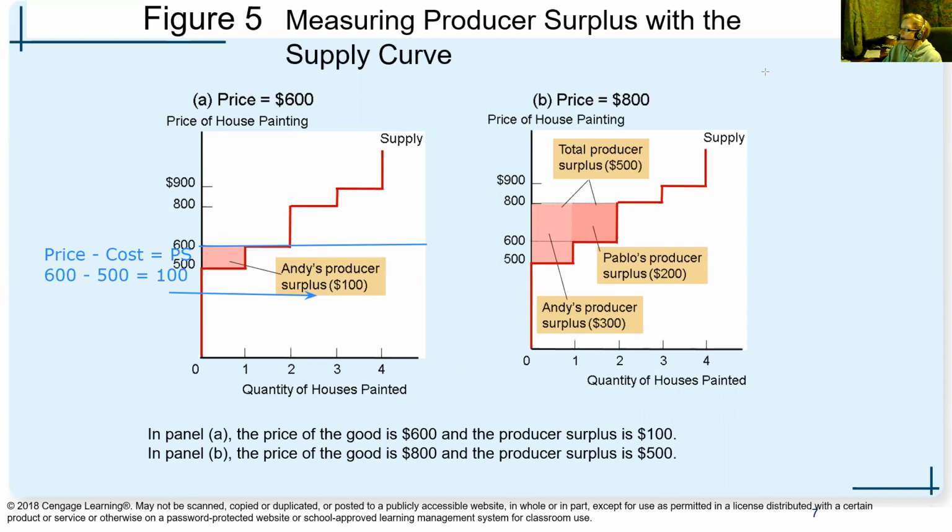Okay, so what happens is when the price goes down, then producers will leave the market. When the price goes up, we're going to have additional suppliers come into the market. So in the second pane, notice that the price is going up over here in panel B. And now the new price in the market is going to be $800.